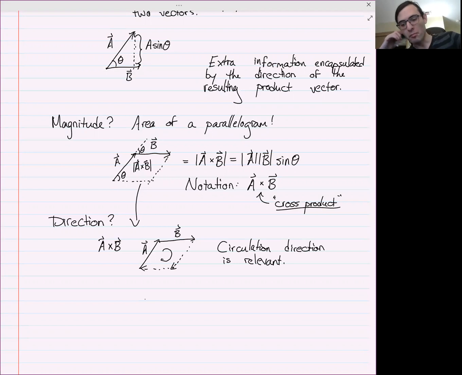And so the circulation direction of the parallelogram that you form by composing A and B tells us something about the orientation of the two vectors A and B, which will tell us in what direction A was perpendicular to B in. That's the important part.